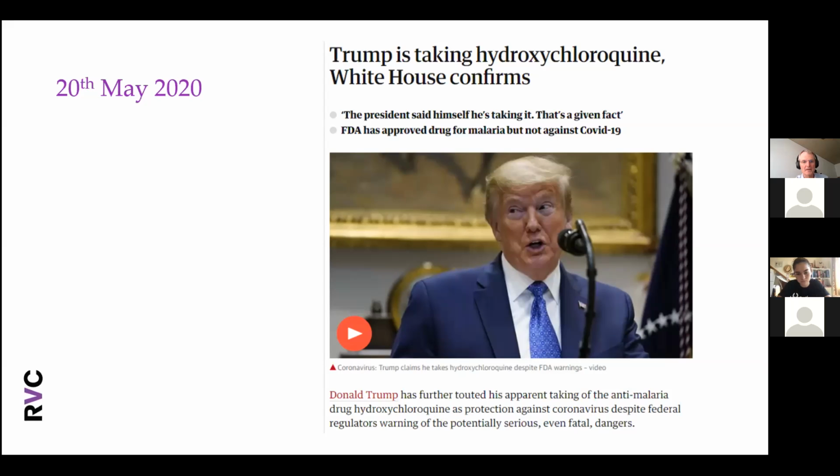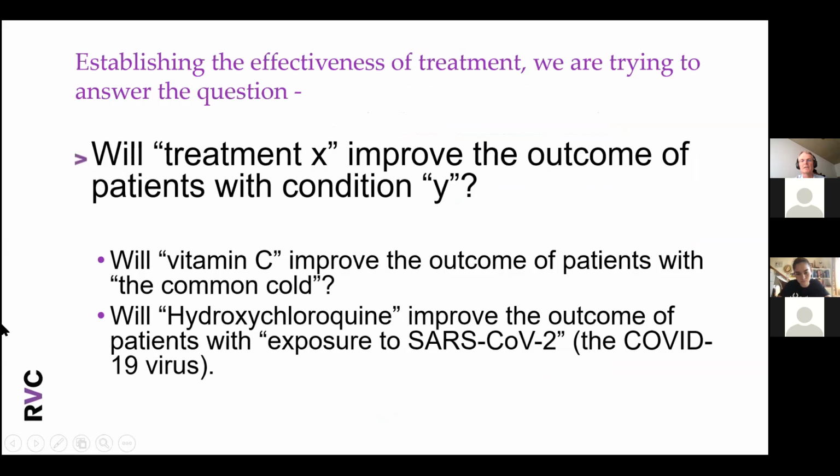So really, we are considering what it takes to prove that a medication is effective. And in establishing the effectiveness of medication, we can pose a generic question. Let's say the question is, will treatment X improve the outcome of patients with condition Y, whatever that is?